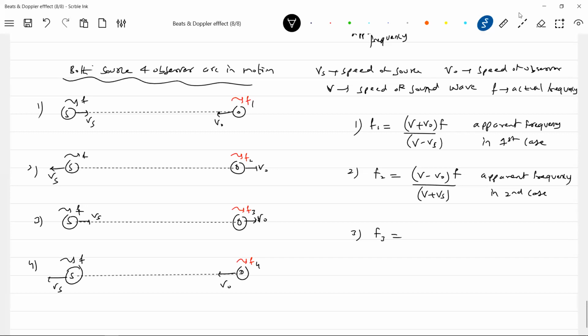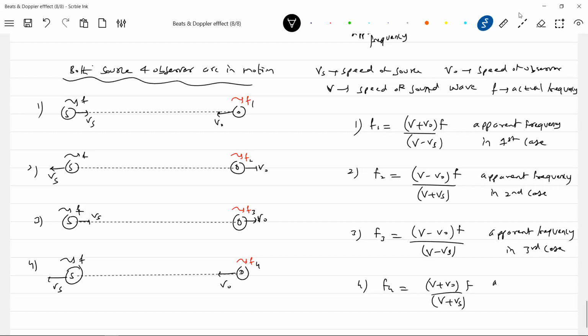So what is now F3? Shall we write V minus V naught F by... Third case. So now what is F4? F4 will be V plus V naught, source moving away, V plus Vs. Okay, got the idea, no?